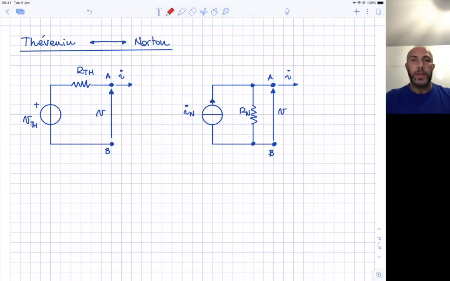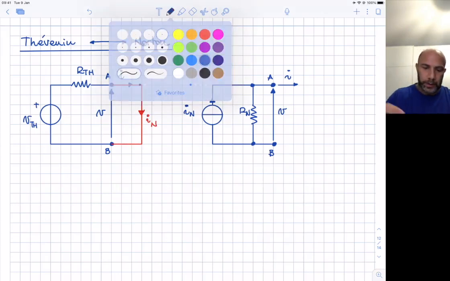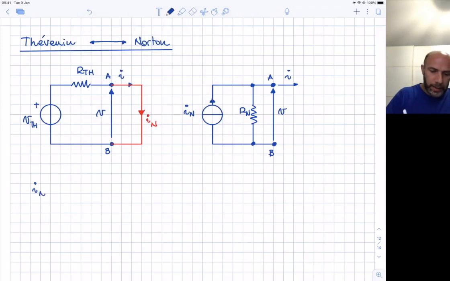What we have to do is simply to calculate the parameters by short-circuiting the AB terminals and calculating the current that is flowing through the short circuit. And this is the current IN. In this case, IN is simple because it is nothing but the current supplied by the voltage generator. So it is VTH over RTH.